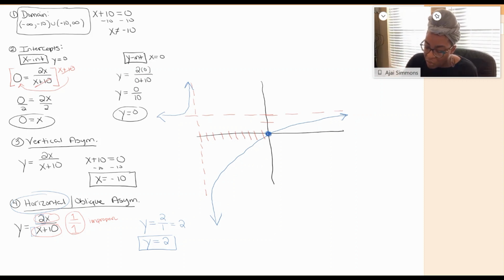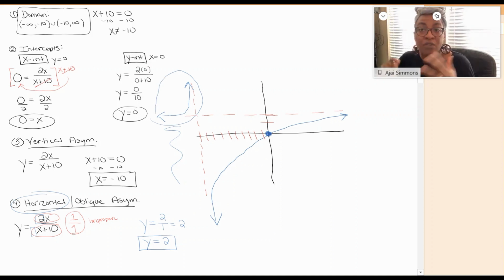And there's no other way I can think to graph this. I couldn't graph in this area right here because I only have an intercept at 0, 0, right? I can't graph up here because I do have that intercept at 0, 0. So I know for sure I need to be in this area where the intercept is. And then I knew that the second part of this graph was going to be up here in this upper area just because there's no other intercepts.